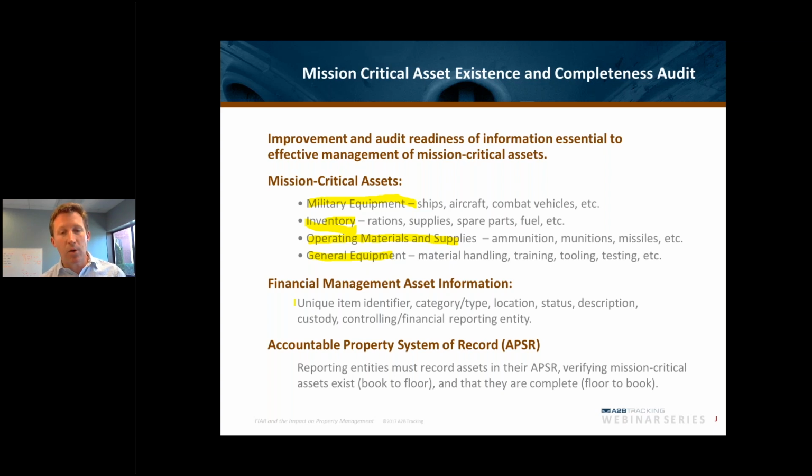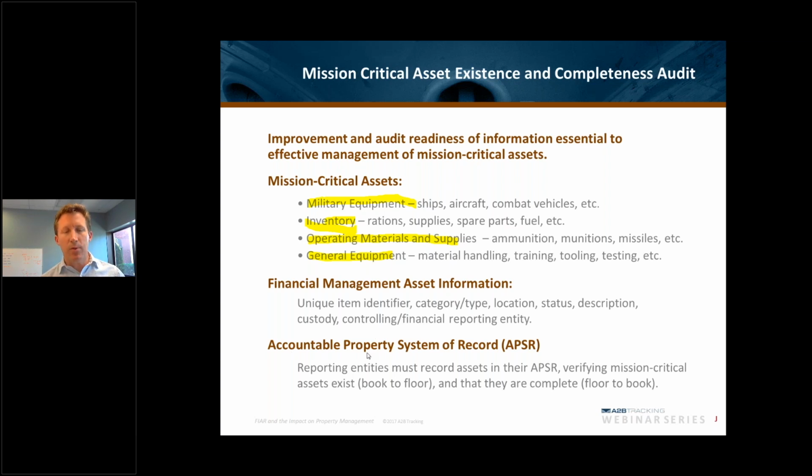That the category and type of asset, the location and status, the description of that asset, and the custodian, as well as the controlling and financial reporting entity. All of those need to be part of the overall gathering of this asset information.